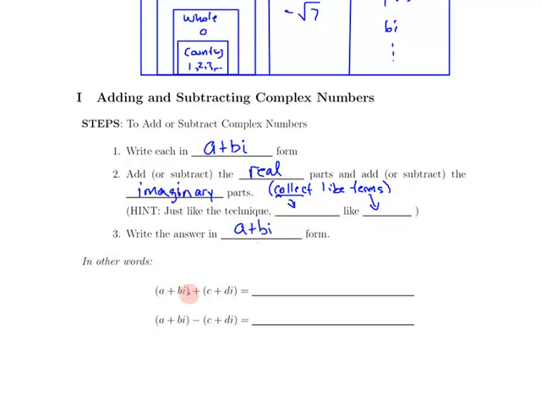So if I had a plus bi plus c plus di, you add the real parts, a plus c, and you add the imaginary parts, so you get b plus d, all that times i. And if you're going to subtract, you're going to subtract the real parts, and you're going to subtract the imaginary parts. Just like that.